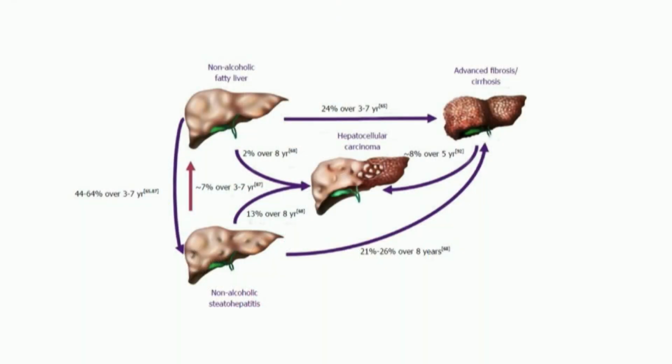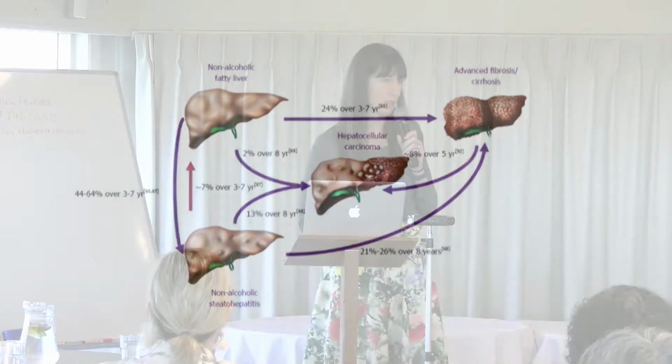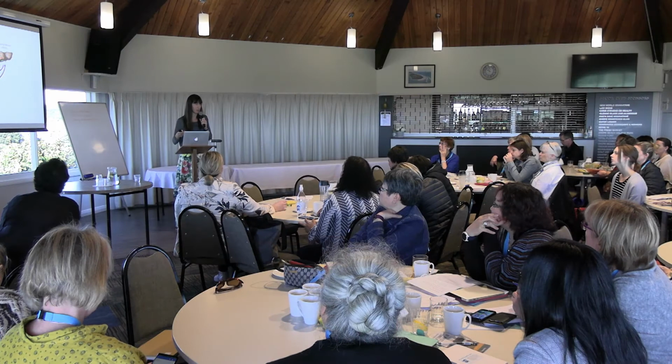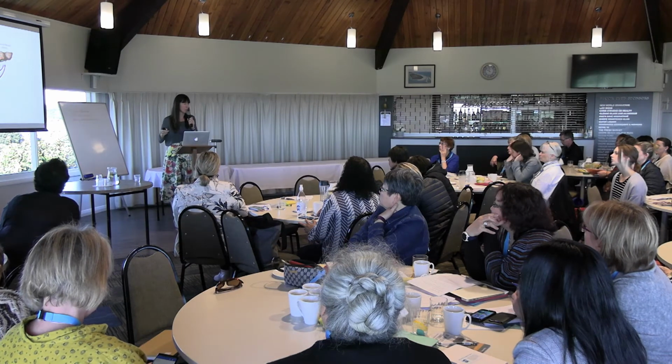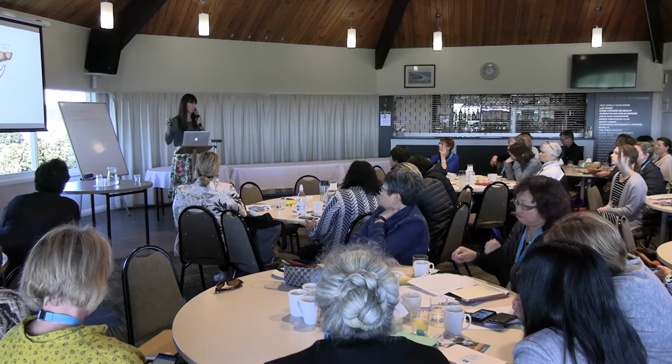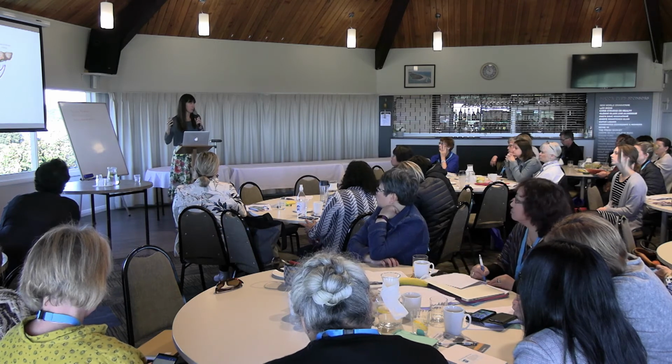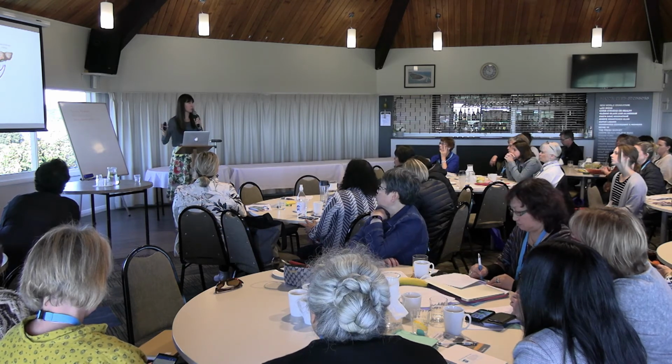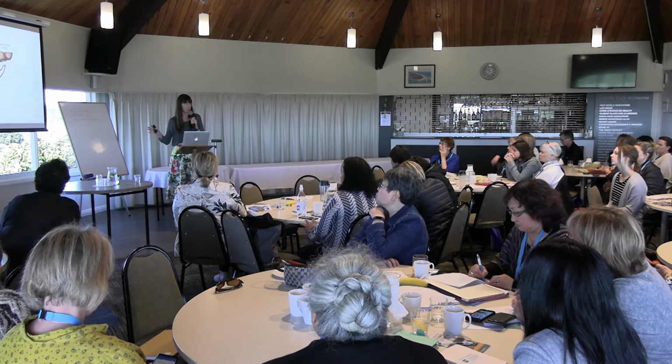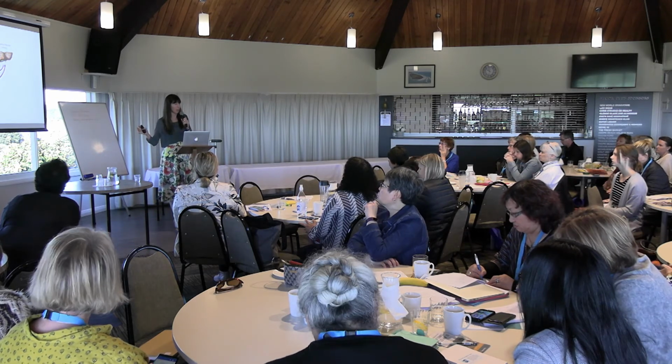Then the addition that's coming through in the liver specialty now is that fatty liver disease is also a significant exception to that. So we know that about a third to a half of people with fatty liver disease who get cancer do not have cirrhosis, which is just mind-blowing for us as liver specialists, because we've always said that, okay, once you have liver cirrhosis, we'll be doing surveillance and screening for you to monitor whether you are going to pop up a liver cancer.